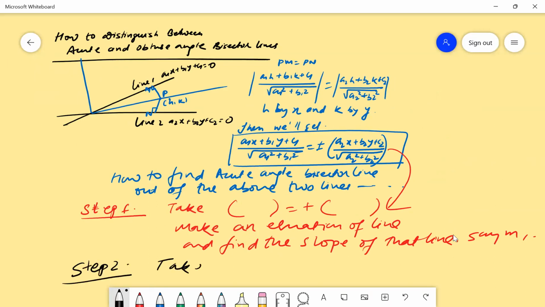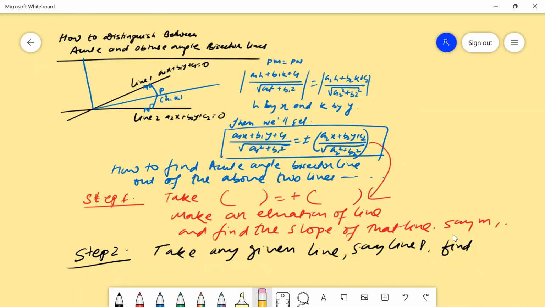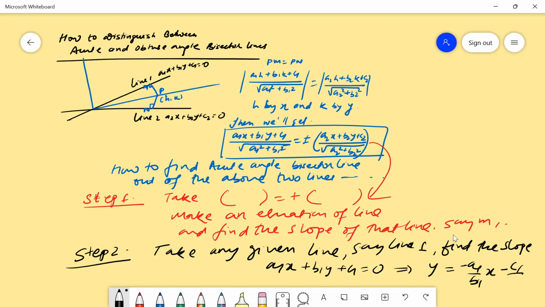Step 2: take any of the given lines, say line 1, and find the slope. From a1x plus b1y plus c1 equal to 0, that implies y is equal to minus a1 by b1 x minus c1 by b1.